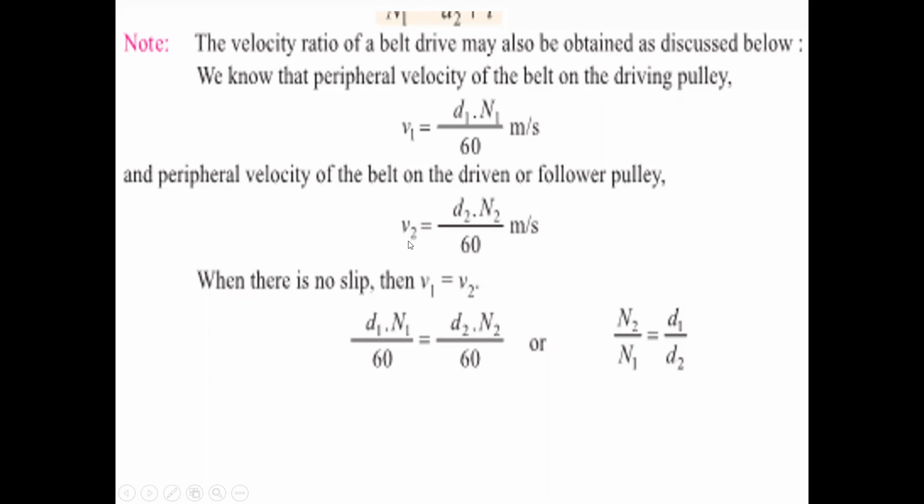Similarly for the follower, the velocity is pi d2 n2 by 60. When there is no slip, v1 equals v2. Then again we get the same velocity ratio, n2 by n1 equals d1 by d2. That is the velocity ratio in our belt drives.